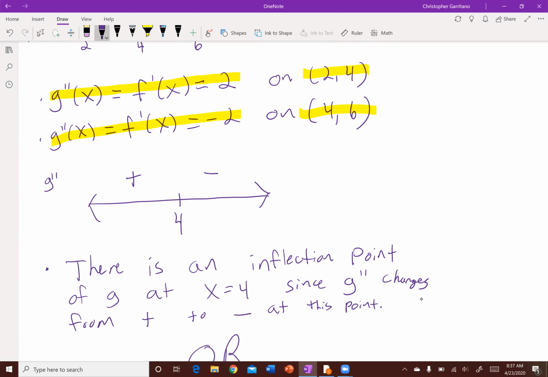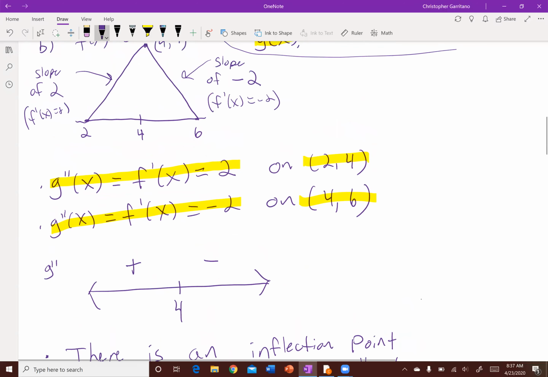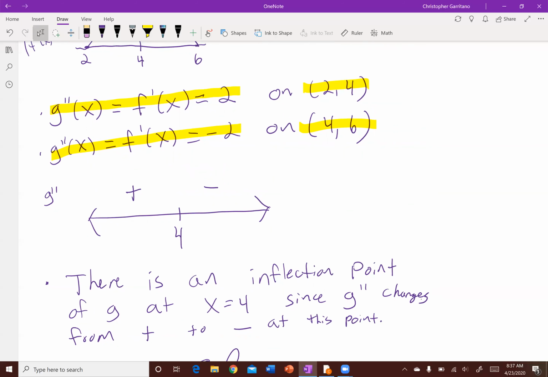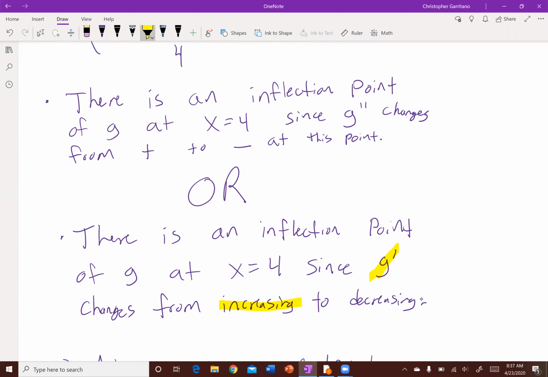So that's one way of arguing this problem, showing all this work and then making your claim based off the work that you just showed. Alternatively, you can just make an explicit argument for what you explicitly see. It's totally fine to say that there is an inflection point of g at x equals 4 since g prime changes from increasing to decreasing.